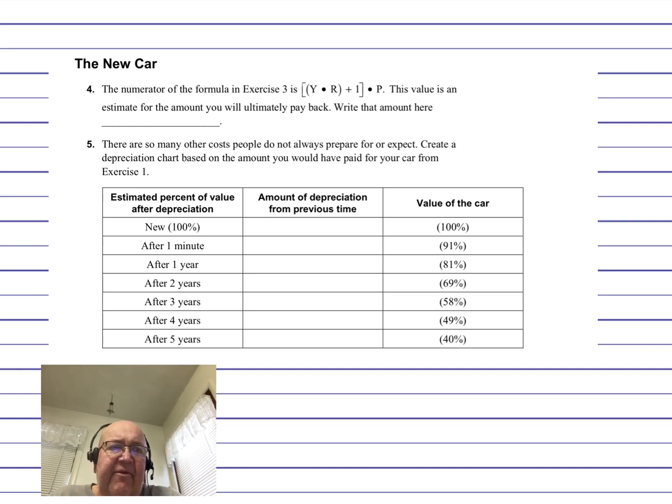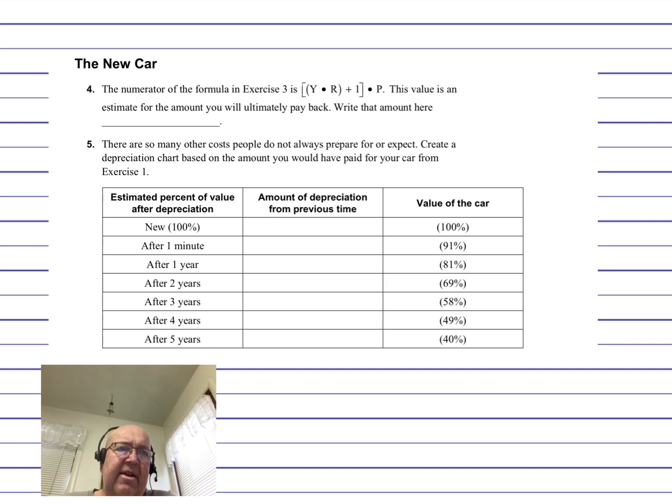In section 5, we're going to use what's called exponential decay. We're going to find the value after depreciation. So on line 1, you're going to start with your new car cost value. Use the same value. The minute you drive that off the lot and purchase it, that value is going to go down by 9%.